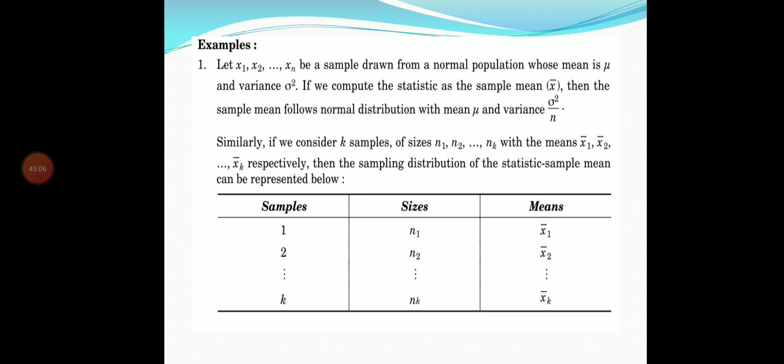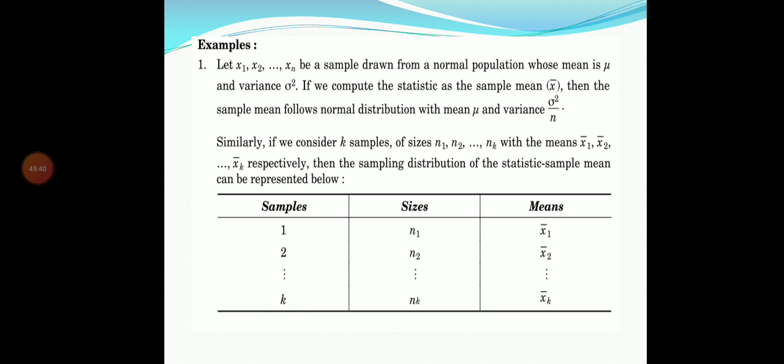Right? So if you consider all possible k samples, for example, there are k possible samples with sample sizes n1, n2 and so on nk. For all possible samples, we first calculate the statistic, that is the sample mean, which we have considered in this example.